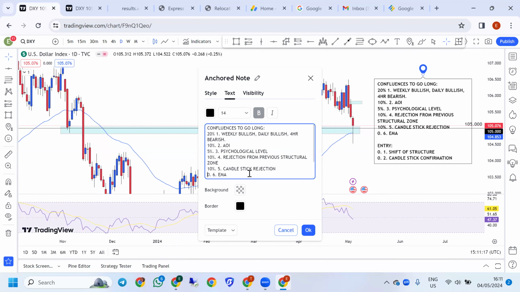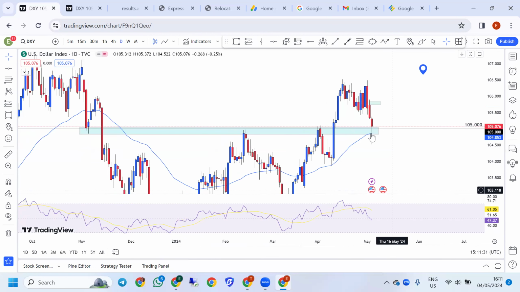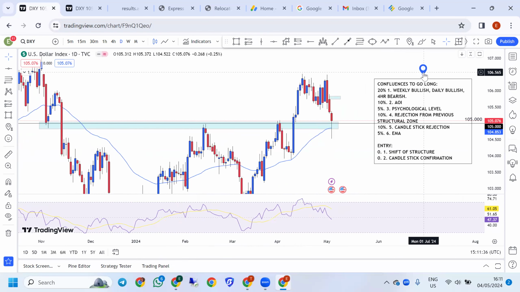EMA, yes, 5%. You can look and see all we are having here. The market is touching the EMA, and the market rejected on daily.